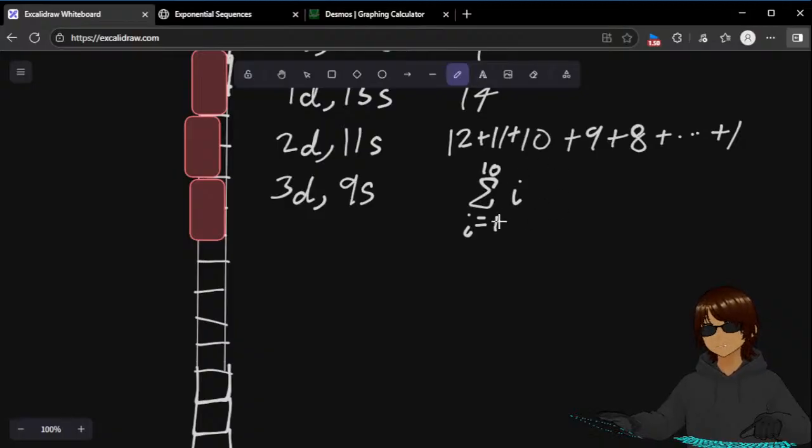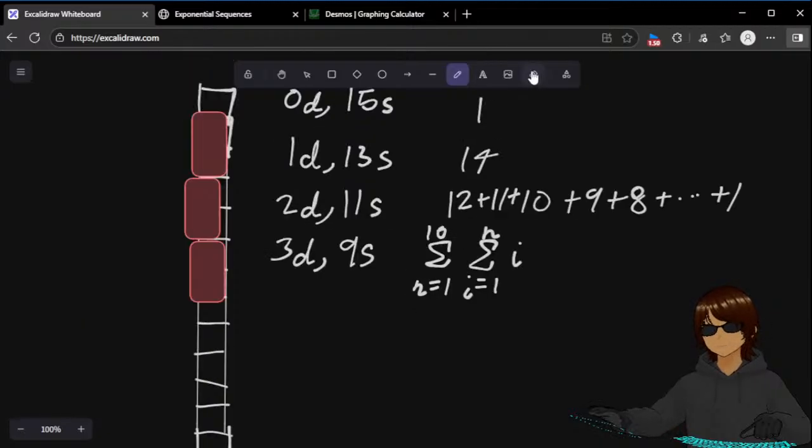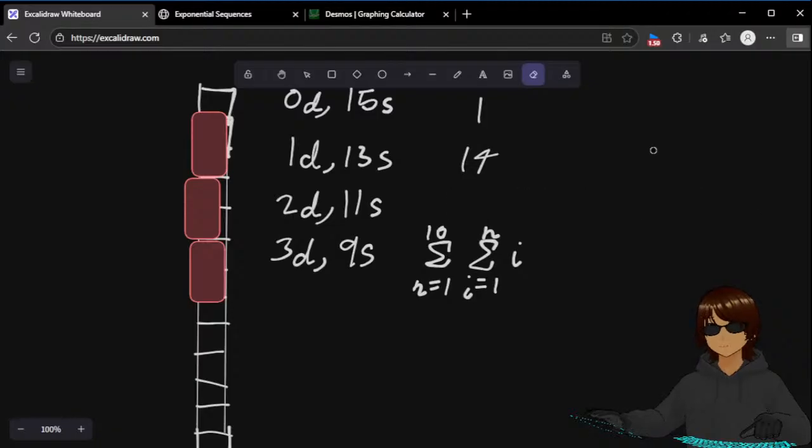Actually, and like that. Sum from 1 to 12. But I'm not seeing any pattern though.